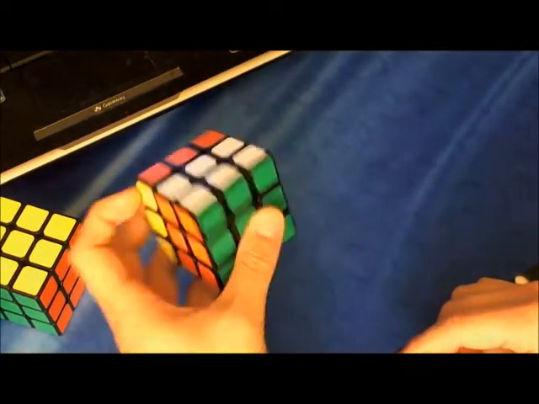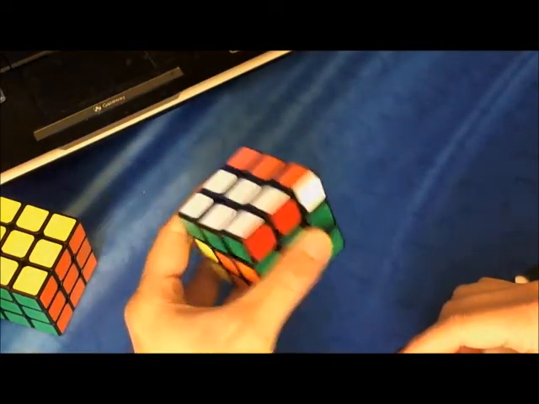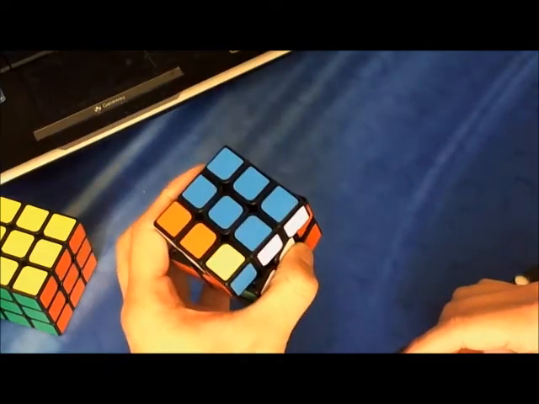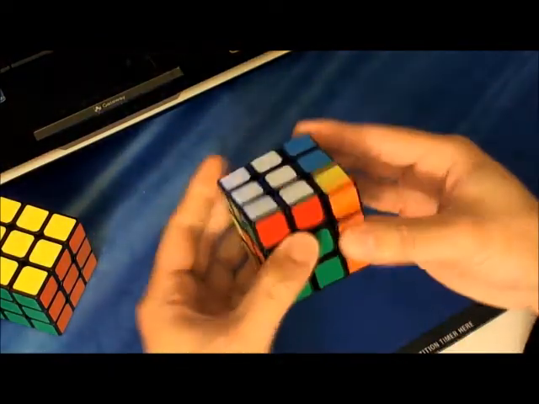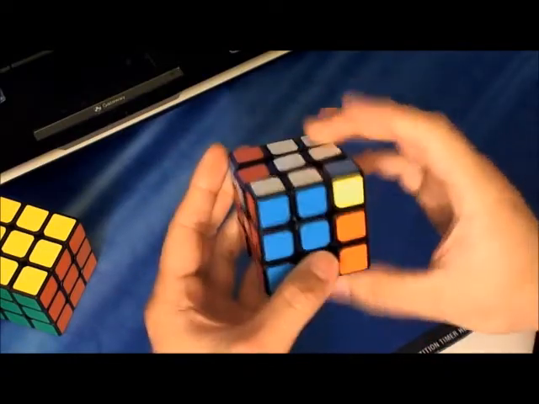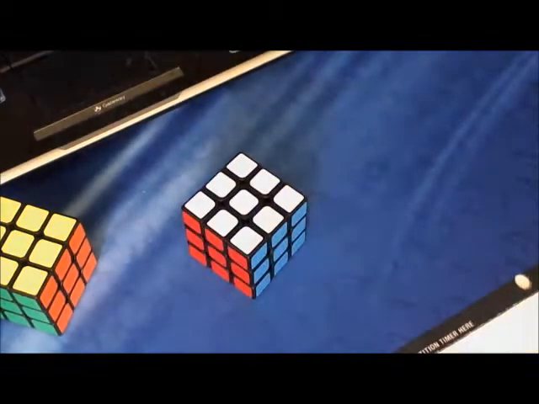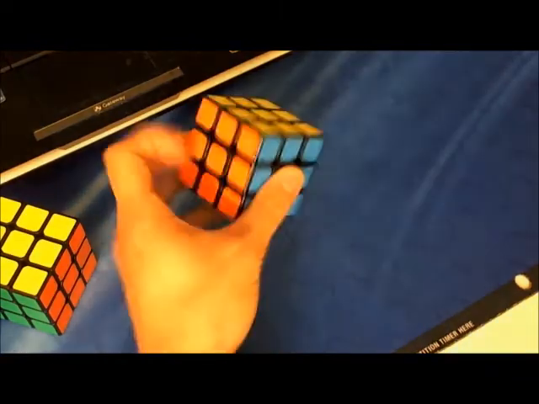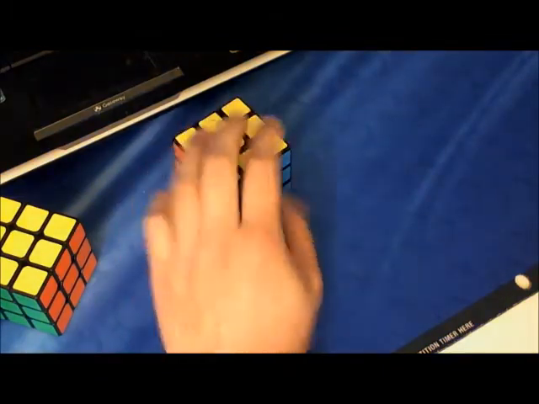What your EO line began with was, I think, U prime, and then you did an X, and then you did a Western push U, and then you did an X prime, and then another Western push U. Anyways, that's not very efficient, and when you're, say, nervous or at a competition, it's going to get worse because of all the cube rotations, and it's not going to be very good for your flow.